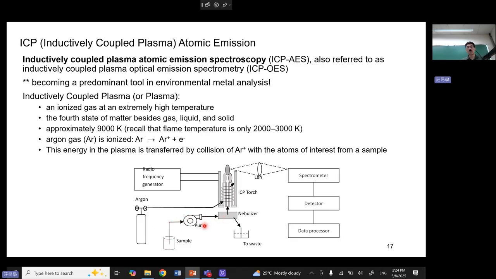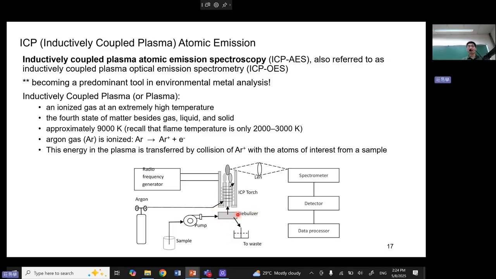The pump pumps the water into the nebulizer, and the nebulizer is a spray that turns the water solution or water sample into aerosol. The small aerosols go into the ICP torch, while the large droplets go to waste.